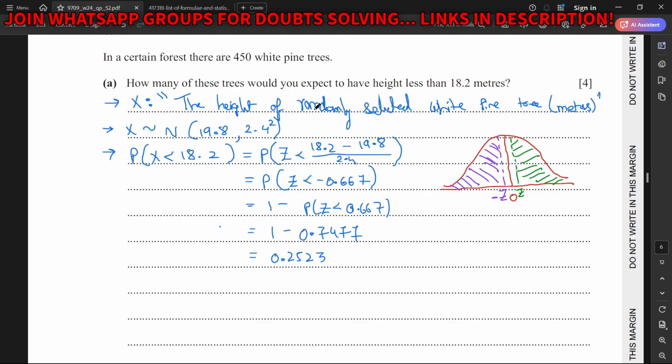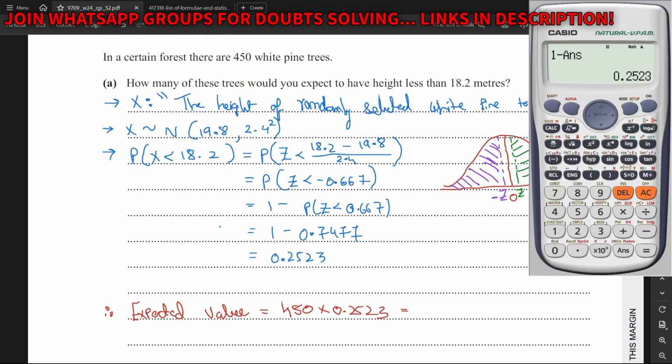Now, because we want to find the expected value, I can say that therefore expected value will be equal to n times p, that is 450 times 0.2523. And the number that we are going to get is answer times 450.